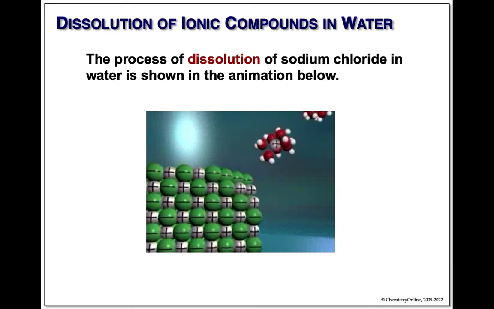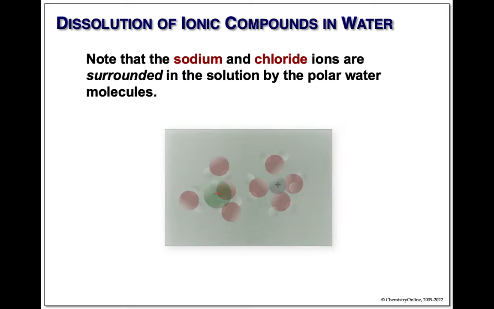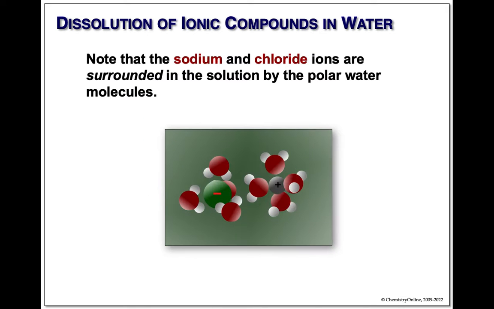But if you were paying attention, and I hope you were, I hope you noticed that the way water removed the ions from the surface was different if we had the cation or the anion. For the anion, the waters were all oriented with the hydrogens pointing towards the negative charge.